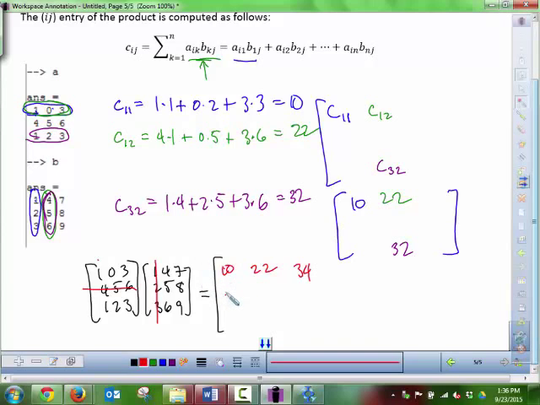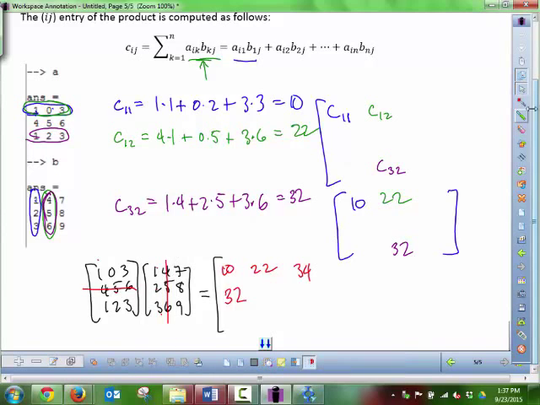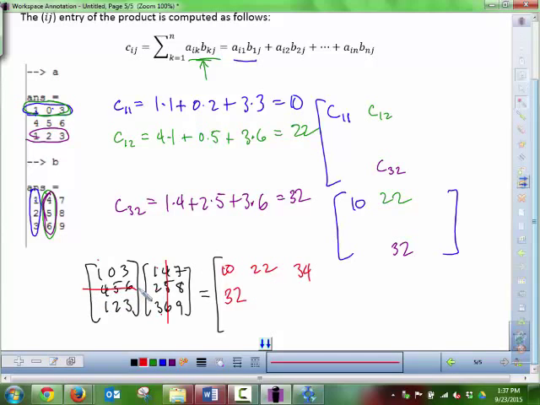What is it? 4 plus 10, 14, plus 18, 32. Okay? And then to get my middle element, it's the middle row and middle column. So that's 16 plus 25, that's 36, I think. Plus 36 is 72.